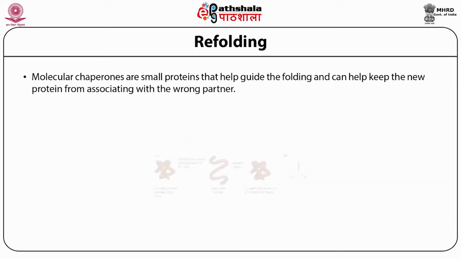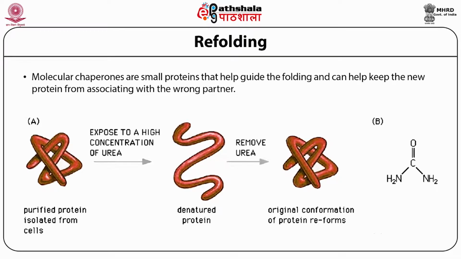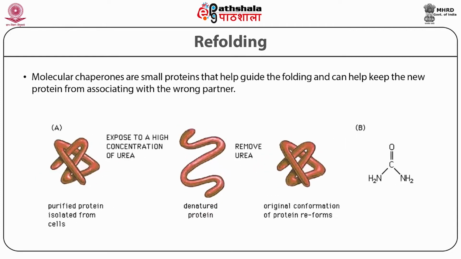And if you remove the urea, it will come back again to the original conformation, that is protein folding. Refolding may happen if a small chemical substance is added.